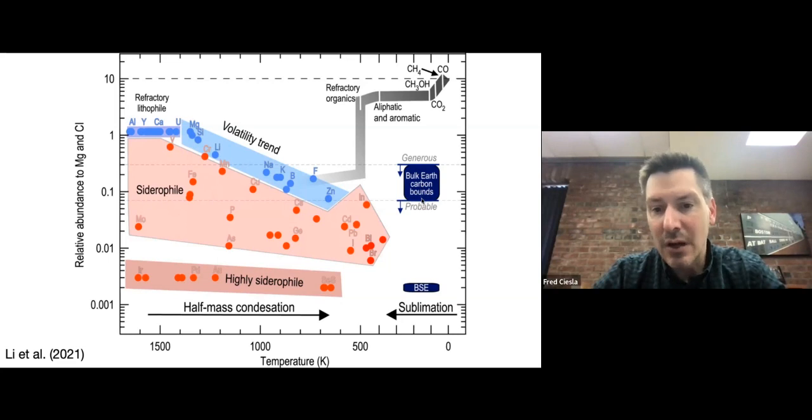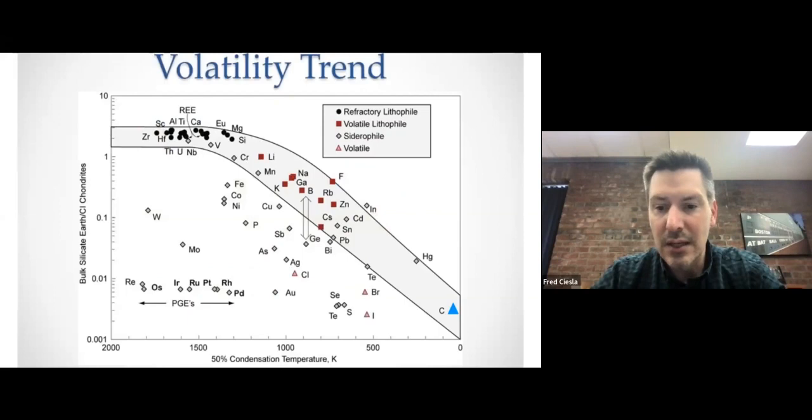If you add how much carbon is available, factoring in what's in the core, you can get a range somewhere around here, a higher abundance. But what's interesting is if we go back and think about this in this plot here, the carbon, rather than acting like a 40K substance, we're arguing behaves more like a 500K substance because that's where it vaporizes. And so on the volatility trend, we would expect the bulk carbon to silicon abundance for the entire Earth to be somewhere around here if you add back the carbon inventory.